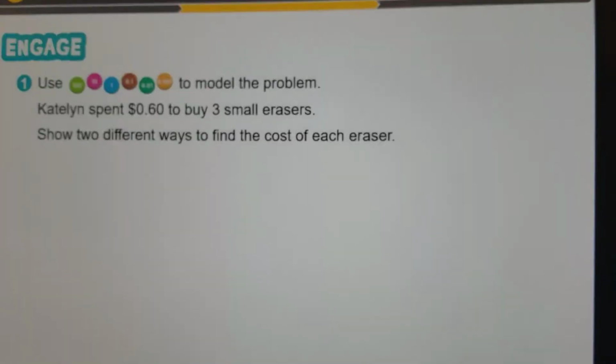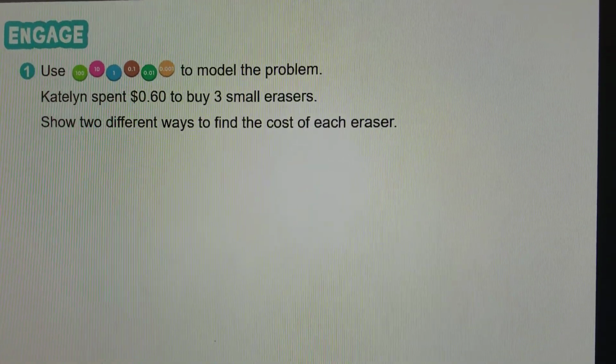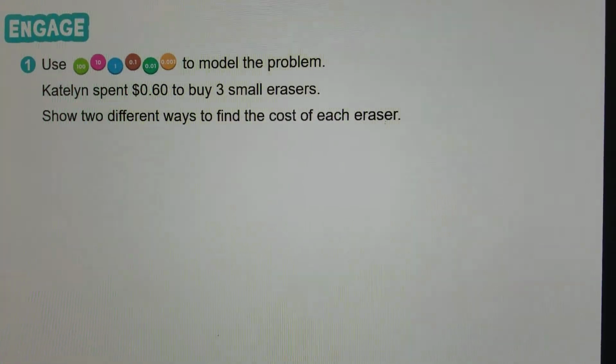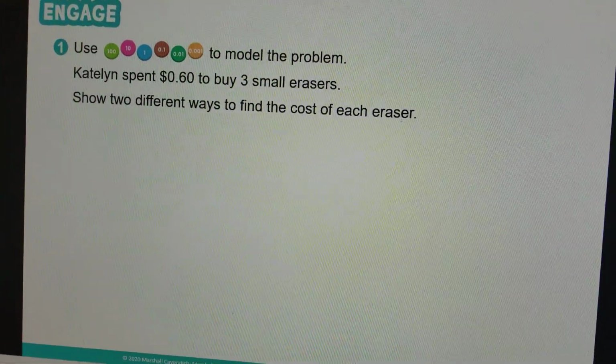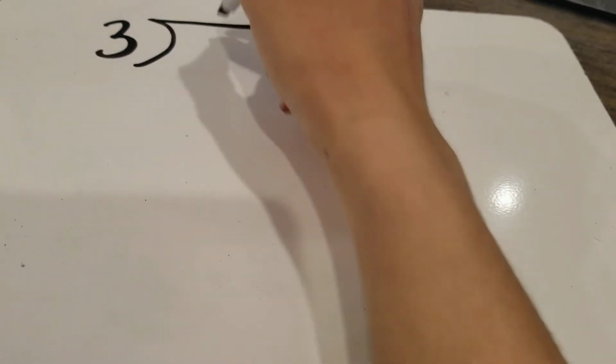Okay. So here's a simple problem to start with. Caitlin spent 60 cents or 60 hundredths to buy 3 small erasers. Show two different ways to find the cost of each eraser. So I'm going to divide this for you. If I have 3, that's my whole number.